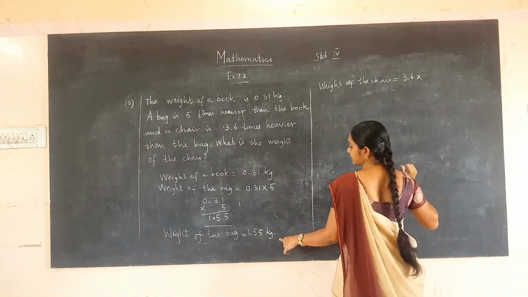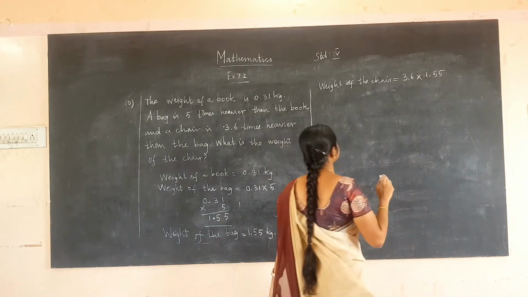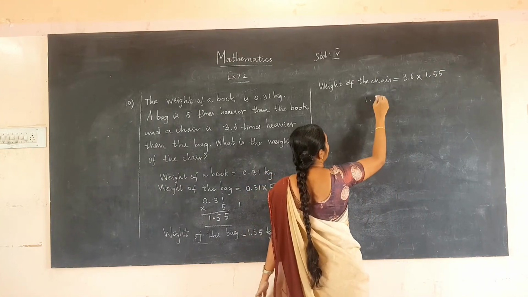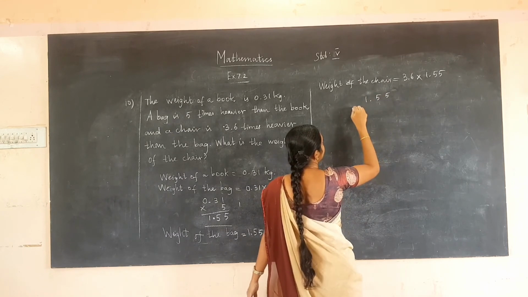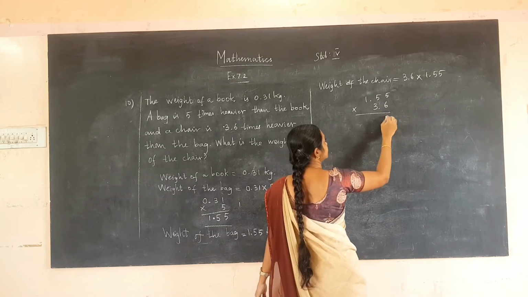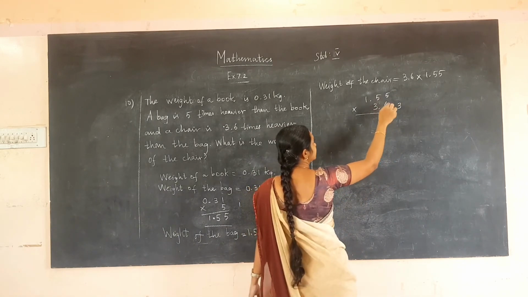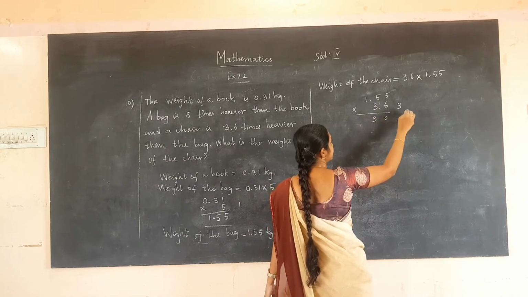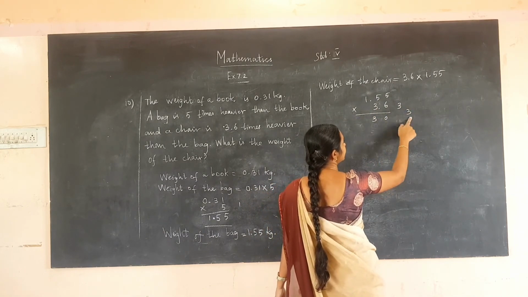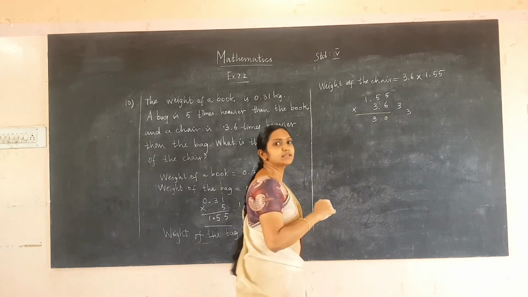So multiply 3.6 and 1.55. 1.55 into 3.6. 5 sixes are 30. So write 0 here and 3 is remaining. 5 sixes are 30. 30 plus 3 is 33. So I have written 3 here and 3 is remaining. 1 six is 6. 6 plus 3 is 9.